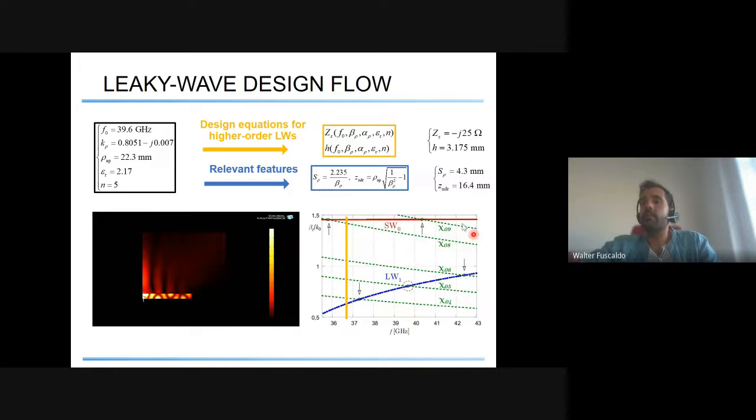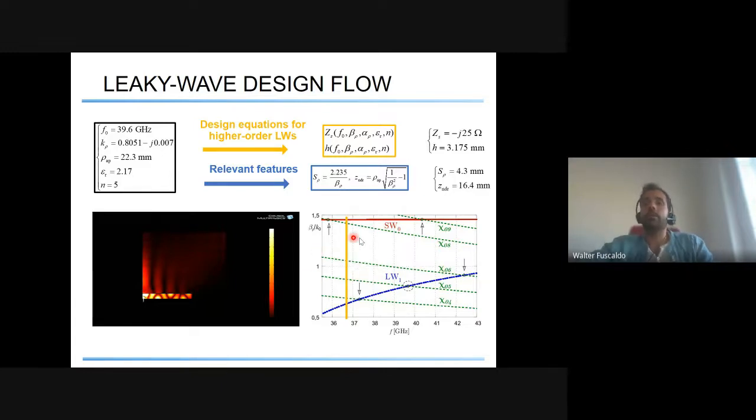As the dispersion diagram on the right shows, the resonances of this leaky mode are supposed to occur at about 37 gigahertz with the fourth zero of the Bessel function, at 39.6 gigahertz as predicted by our design equation with the fifth zero of the Bessel function, and again at more than 40 gigahertz with the sixth zero of the Bessel function.